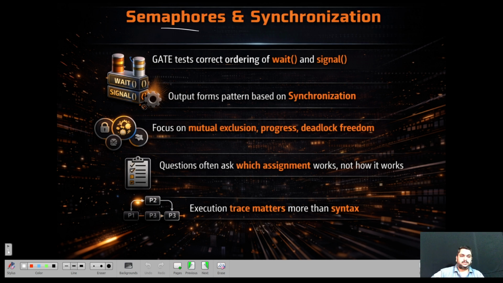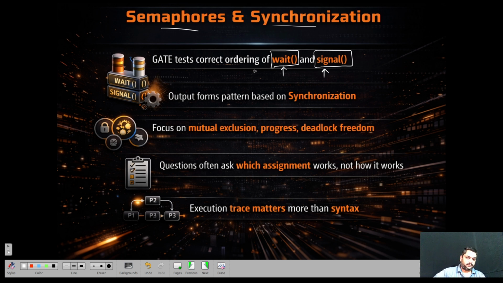Then when it comes to semaphores and synchronization, definitely they can ask on binary or counting semaphores, most likely binary semaphores, which use the wait and signal protocol. I suggest you please understand this function. There are multiple implementations you can see on the internet, so follow one GATE standard.